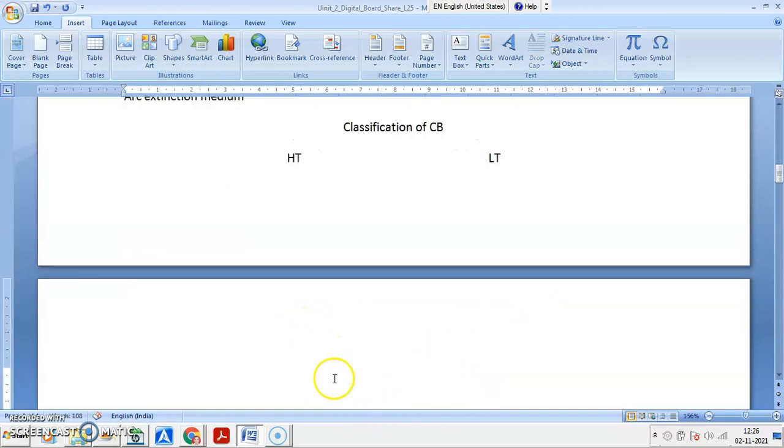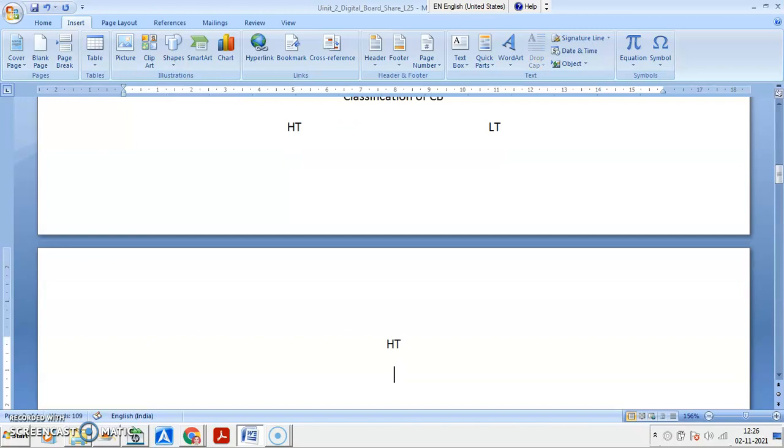Then under the HT category we can have different types of circuit breakers.